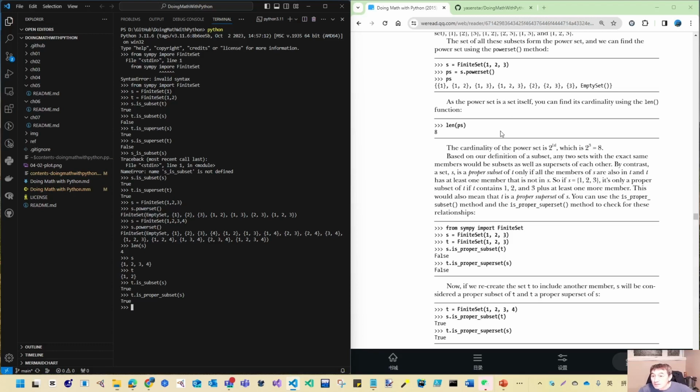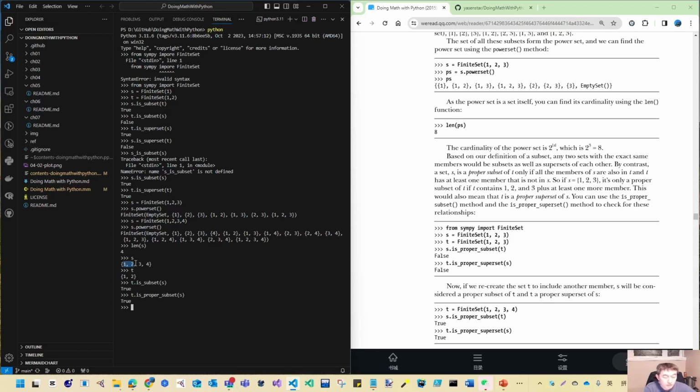The definition is that T is a proper subset of S only if all the members of T are also in S, and S has at least one member not in T. Now you can see S has two elements, 3 and 4, that do not belong to T, but all of T's elements, 1 and 2, belong to S.